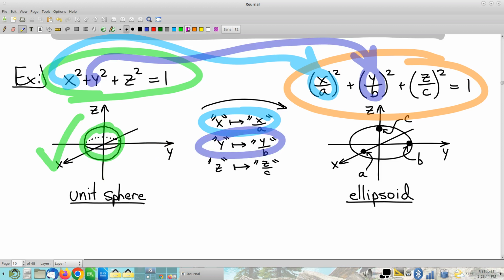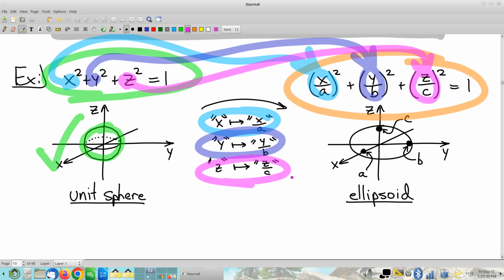And everywhere I have a z, I replace it with z over c. So three algebraic tweaks, three algebraic replacements, right? And each one of these causes a geometric deformation.